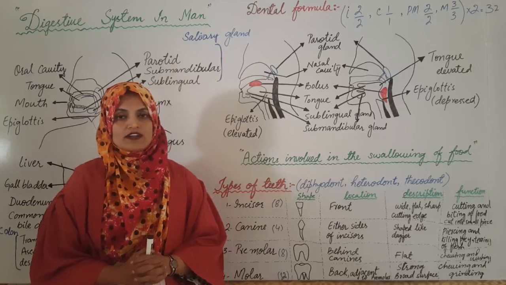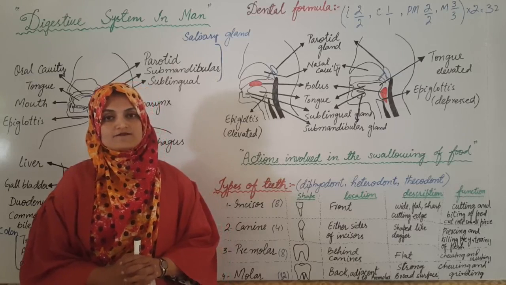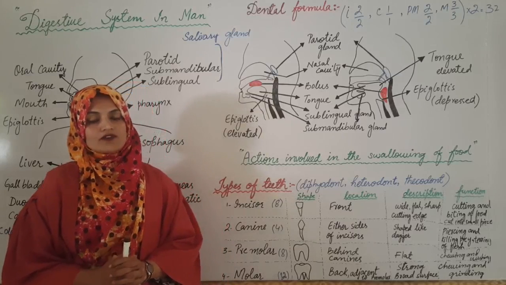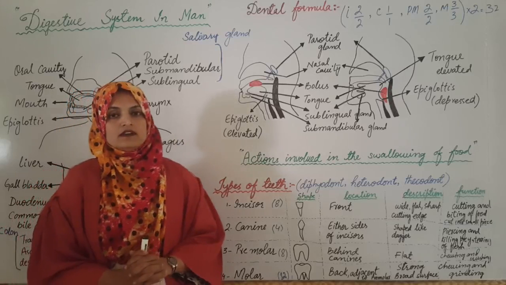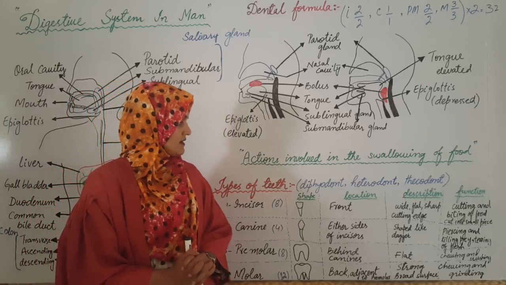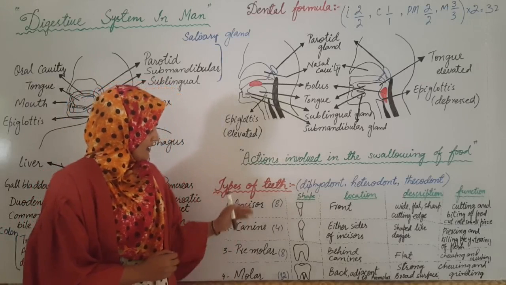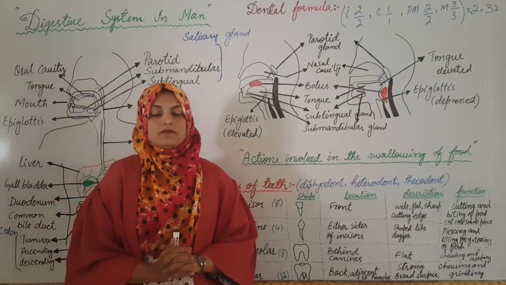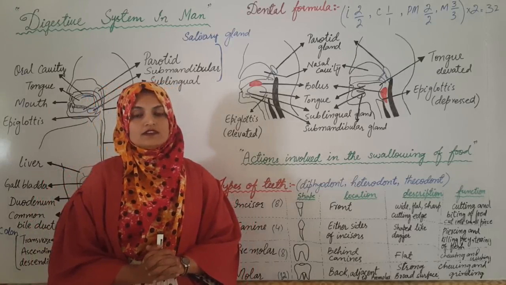The last molar tooth is also termed as wisdom tooth because it appears after 18 years. In this way, different types of teeth help in grinding and crushing the food.